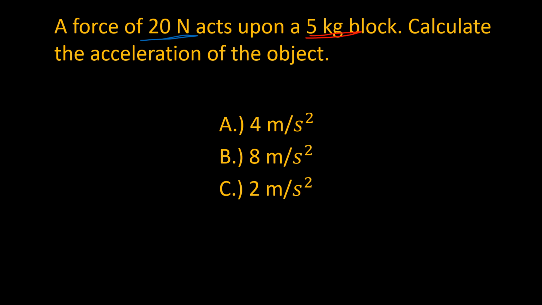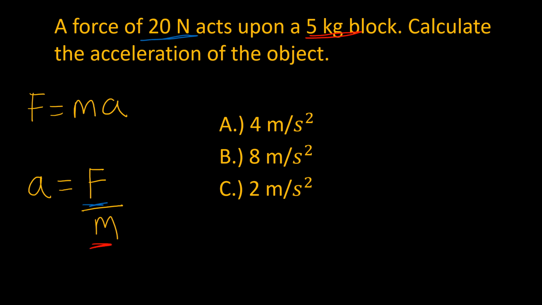And if we're using the equation force equals mass times acceleration, we can rearrange this equation like how we did in earlier problems, for acceleration. So acceleration is just going to equal force divided by mass. And we know our force and we know our mass.